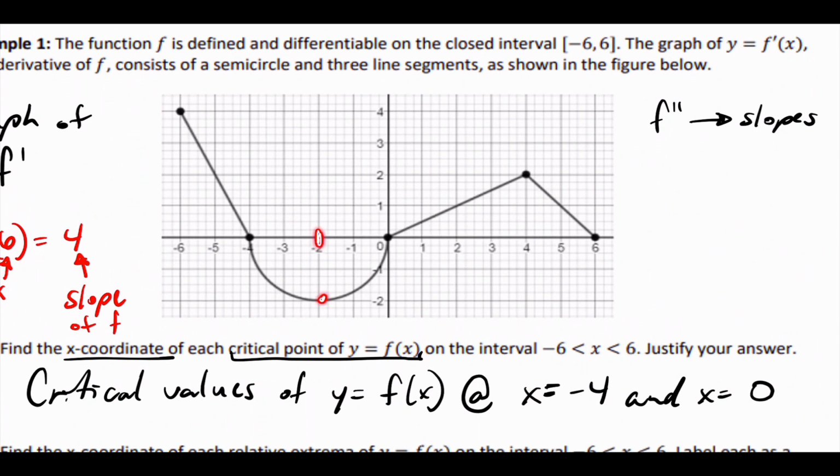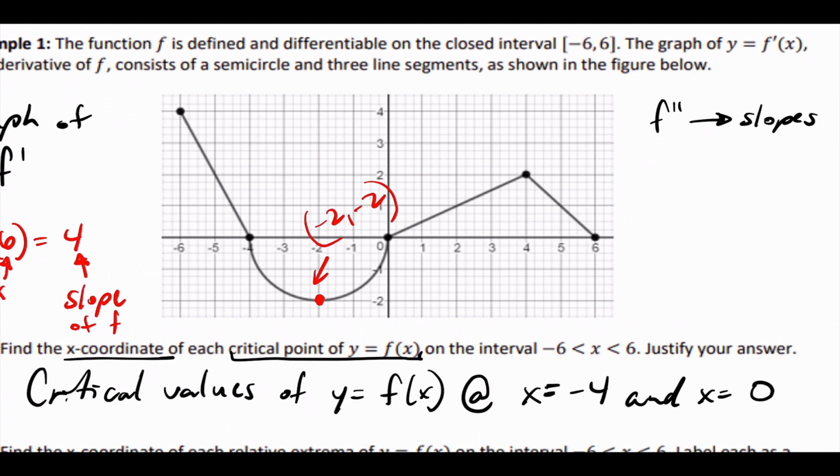Negative 2 is right there. That point right there is negative 2, negative 2. Well, negative 2 is x. What does y represent? One more time, what does this graph represent?